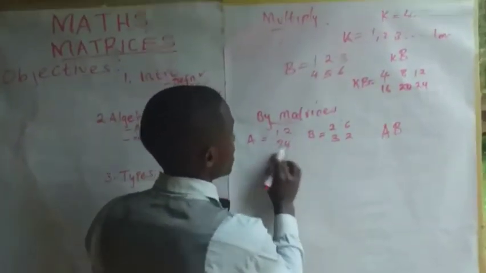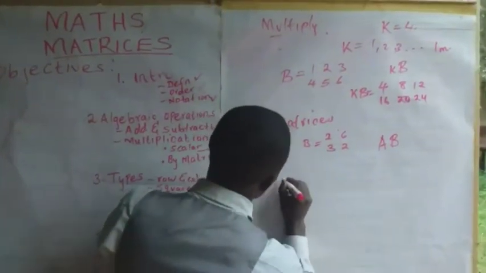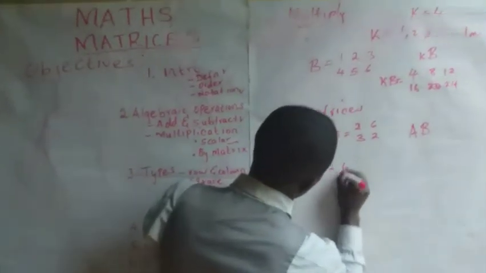We simply come to matrix A and multiply it by matrix B, which will be 1, 2, 3, 4 times 2, 6, 3, 2.